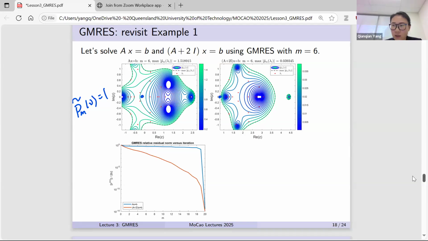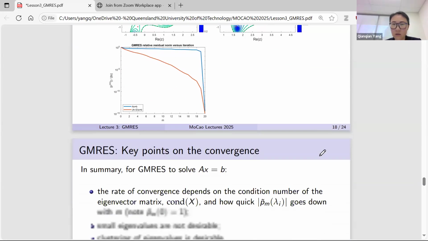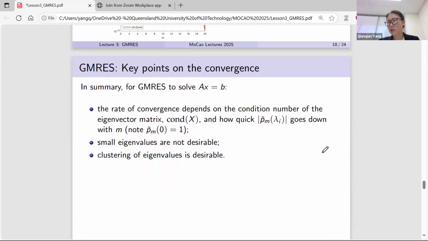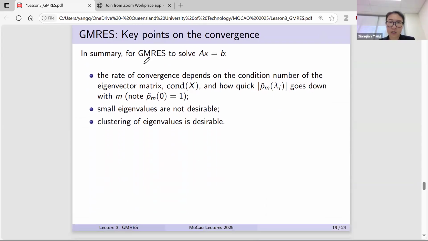So that's GMRes. All right, now let's summarize what we learned here. In GMRes, we have this linear system, AX equals B, and the rate of convergence depends on the condition number of the eigenvector matrix, the condition number of X, and how quickly the magnitude of my PM at lambda I goes down with M. Remember this constraint, PM at 0 is 1.